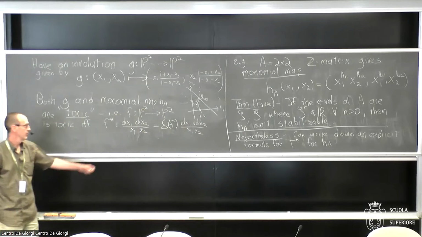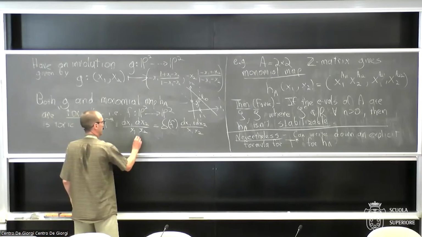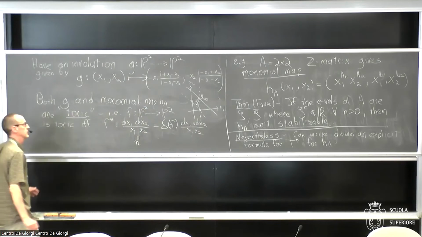All right, this is a kind of a canonical 2 form on C star squared, although it's just written down in coordinates. I'll call it eta. And being toric means you preserve that 2 form up to constant multiple.